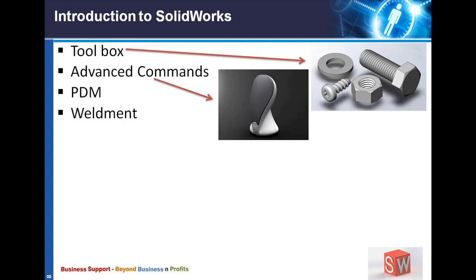Next, one more thing is advanced commands. When you look at this product, I hope you know this is a speaker, and you can see it looks so stylish, where you can see the features are blended, twisted, and rotated.